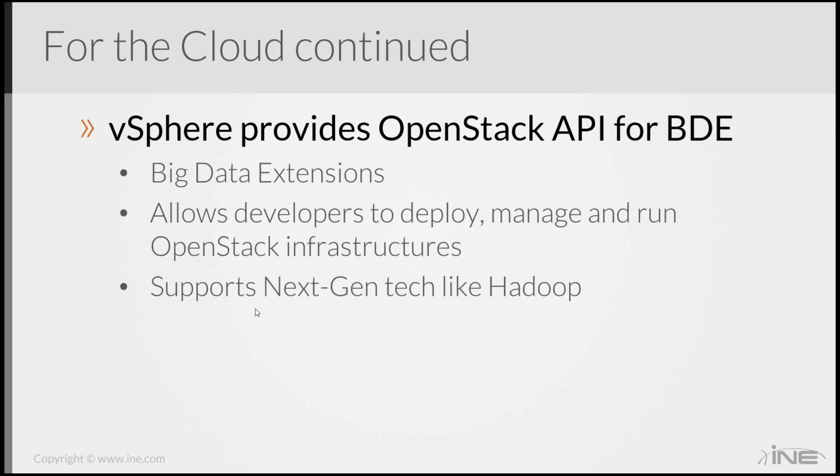Like for instance, you might have vCloud Air, which is basically VMware's cloud, for lack of a better term, that's exactly what it is. You go in and vSphere allows you to run OpenStack inside of vCloud Air to allow you to run things like Hadoop. And Hadoop, I don't know much about Hadoop, but if you're a developer, that's big news.